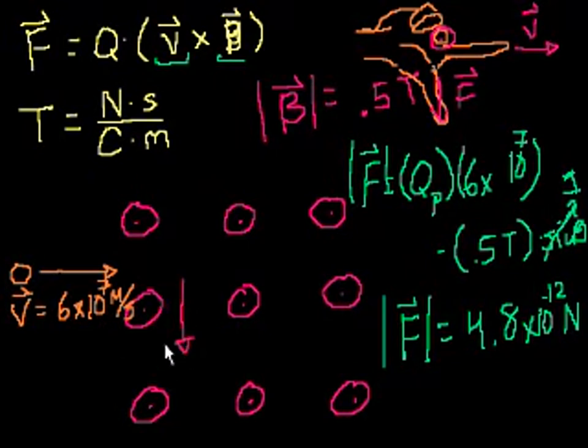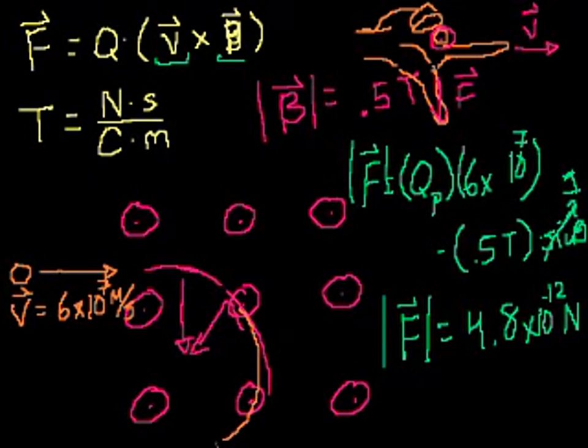So what's going to happen? If you remember a little bit about circular motion and centripetal acceleration, what happens when you have a force perpendicular to velocity? If you have a force here and the velocity is like that, the particle will be deflected a little bit to the right. And then, since the force is always perpendicular to the velocity vector, the particle is actually going to go in a circle.